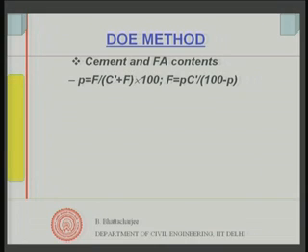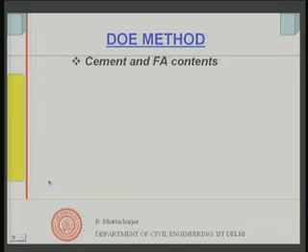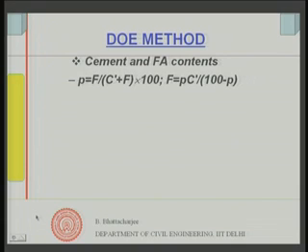Now, this should be PF. You can see that this PF is F divided by C dash plus F, where F stands for the fly ash. P stands for fly ash percentage in total cementitious, where C dash is the cement content and F is the fly ash content.